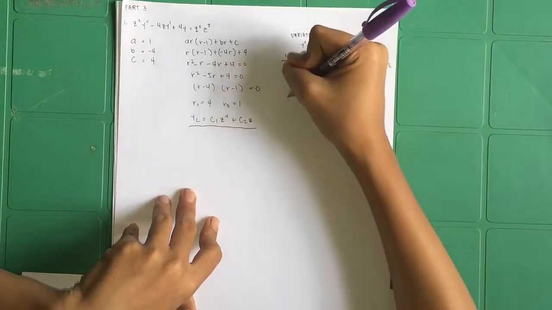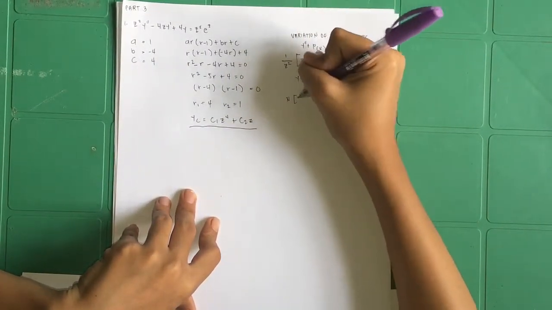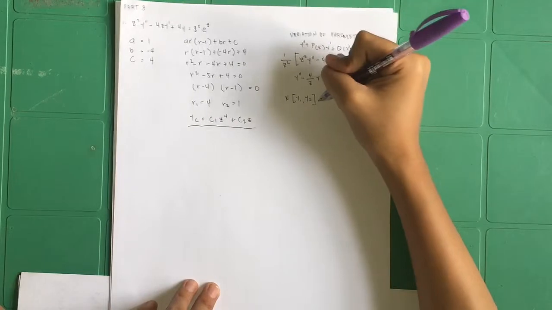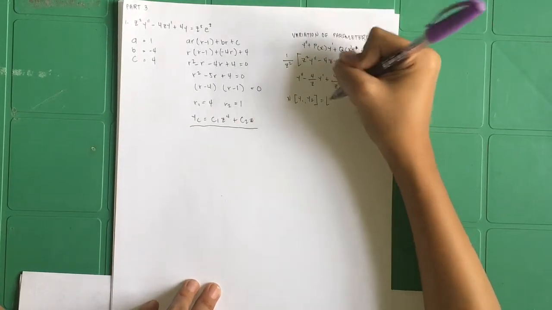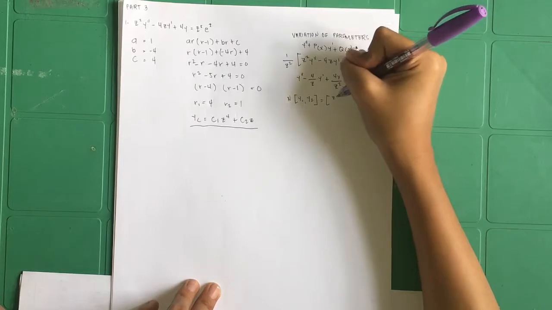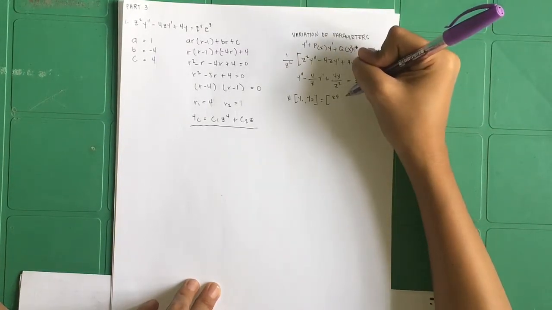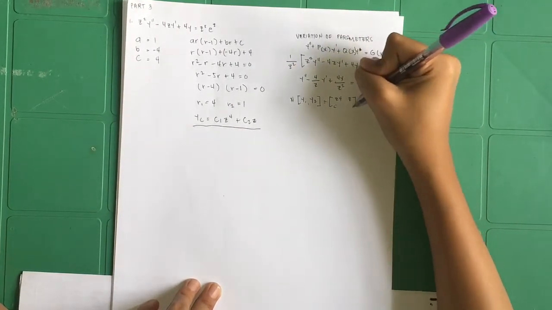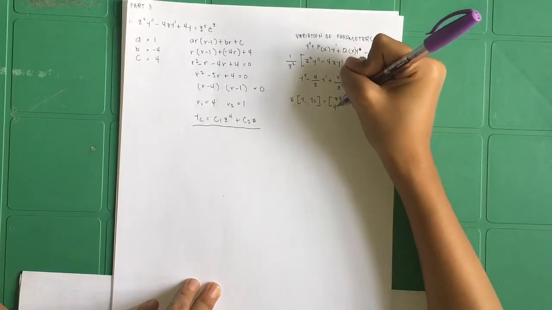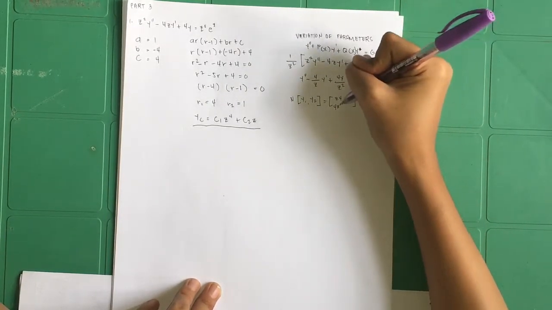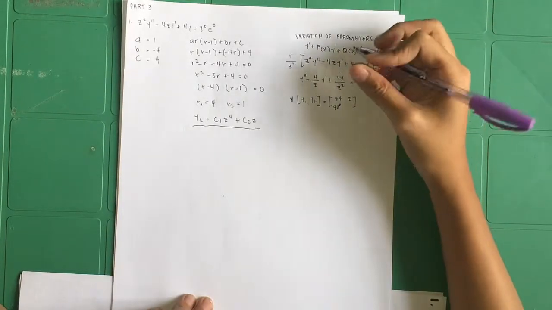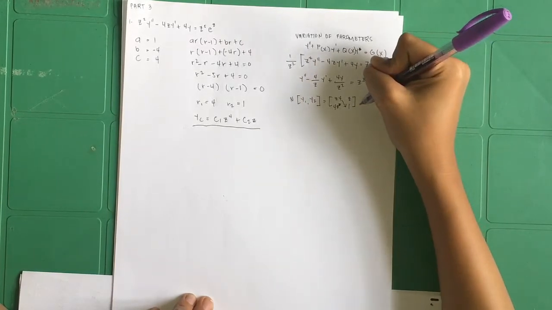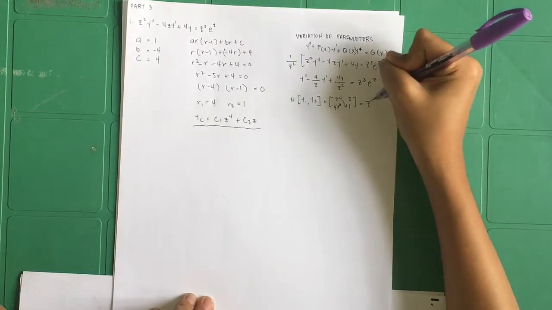Now we can get the Wronskian. To get the Wronskian, we need to put the R1 here and R2 here and get their derivatives. Here and the derivative. Now we can multiply it, just a cross multiply.